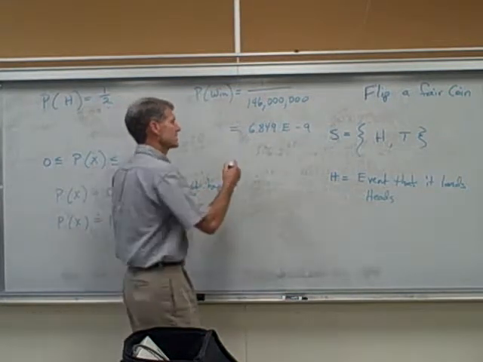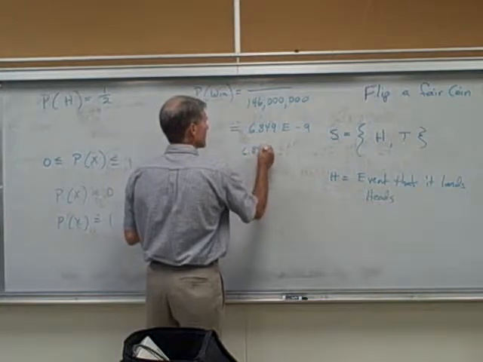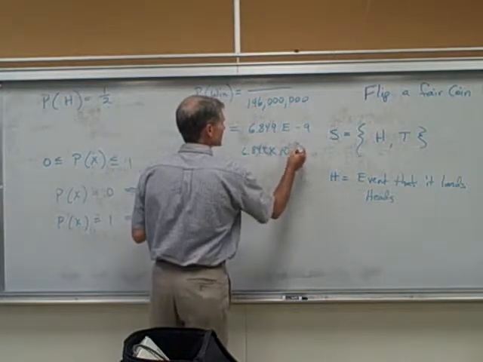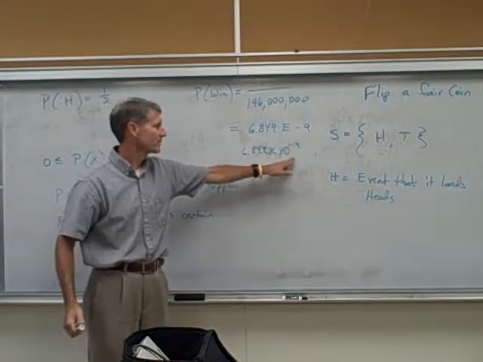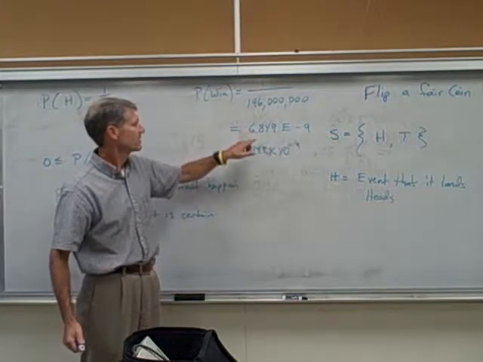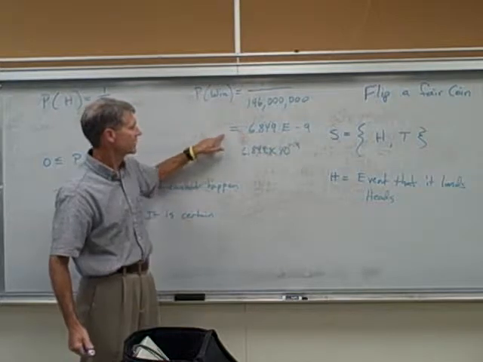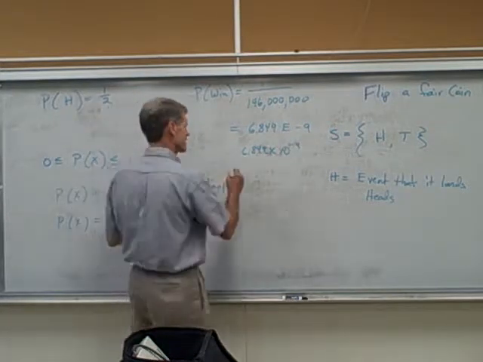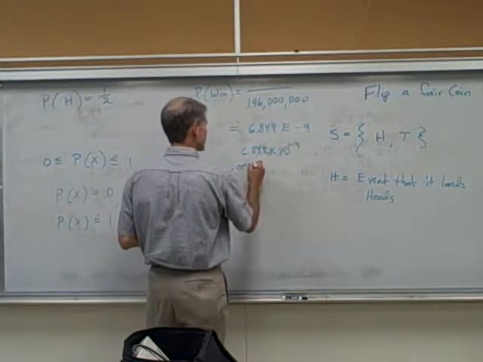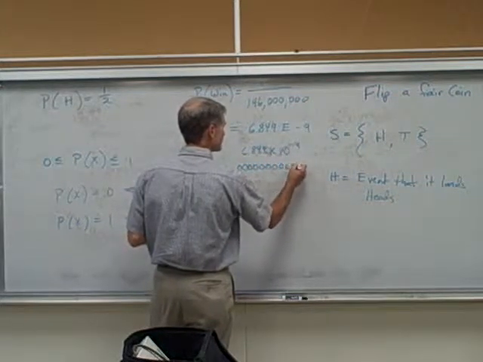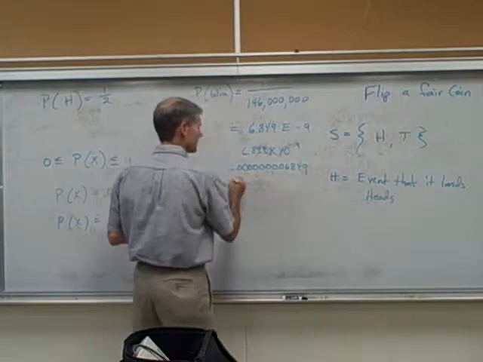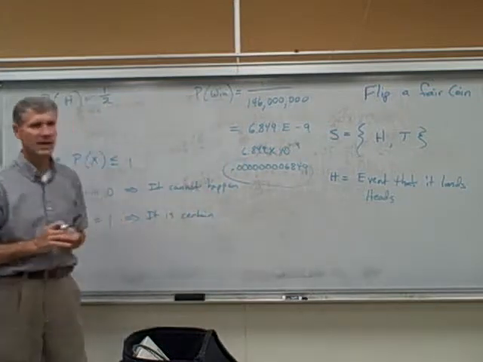So what this means is 6.849 times 10 to the -9th power, which means move the decimal 9 places to the left. Let's see, that would be 1, 2, 3, 4, 5, 6, 7, 8, 9. There's your chance of winning the Powerball lottery.